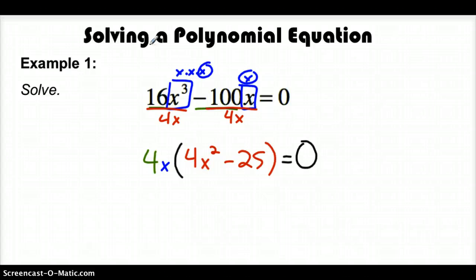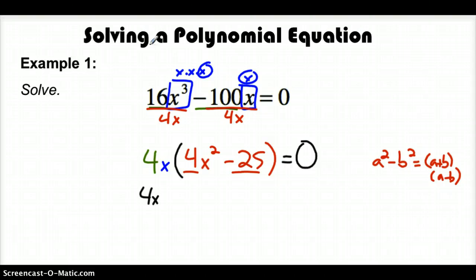Again, I see the difference of two squares pattern, because 4 is a perfect square and 25 is also a perfect square. Remember, if we have a squared minus b squared, this factors down to a plus b times a minus b. So I'm going to write this as 4x multiplied by 2x plus 5 times 2x minus 5. Now I'm going to set each of these little parts equal to 0 and solve each equation.